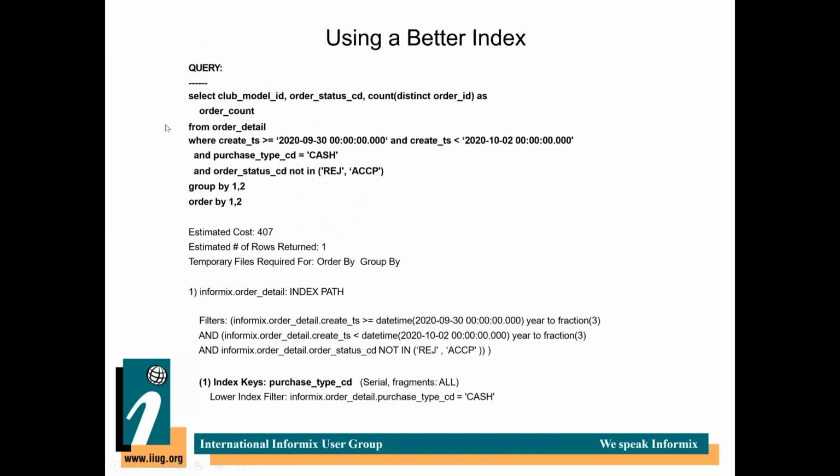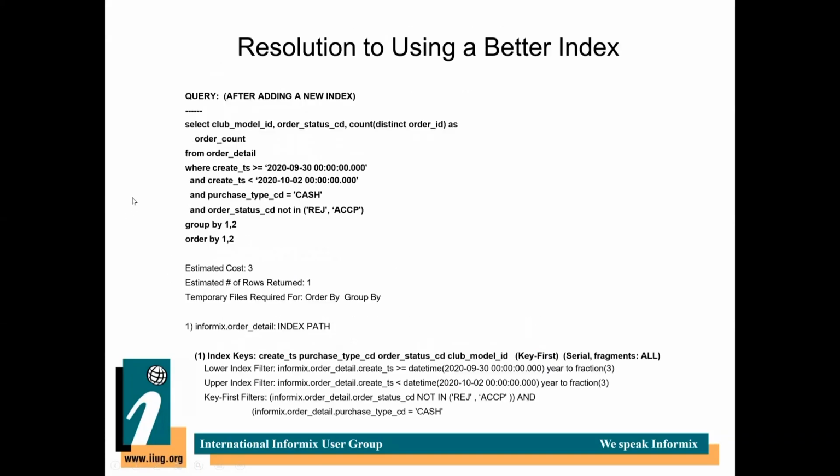In this case, the timestamp was the best to use, but the index was using the purchase type code. So we went ahead and added an index on that create TS purchase type, and it improved the performance of the queries tremendously. Now you can see in the index keys, it's using that index.